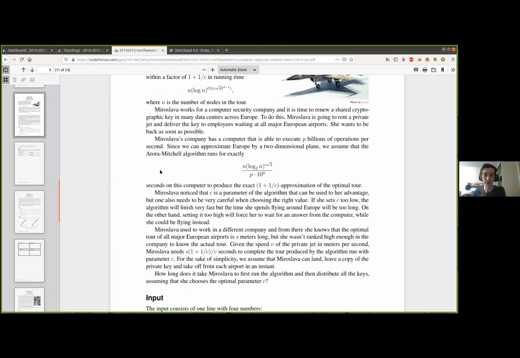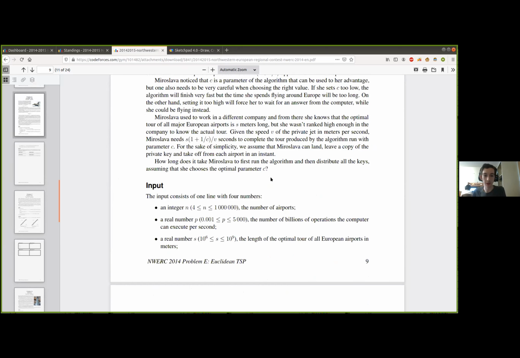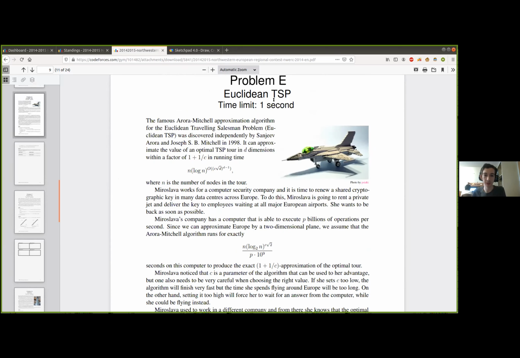Okay, so this problem says, TSP is where you want to visit every city exactly once and minimize the total trip length. So it's a famous hard problem. But we're not actually asked to do that.